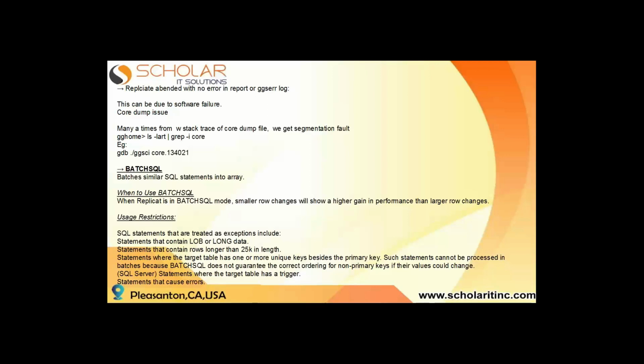The same way for GG. The first step is to go to the GG home and find any file with the name core. We found that file and read it through a utility like GDB, and there we found it was a segmentation fault.